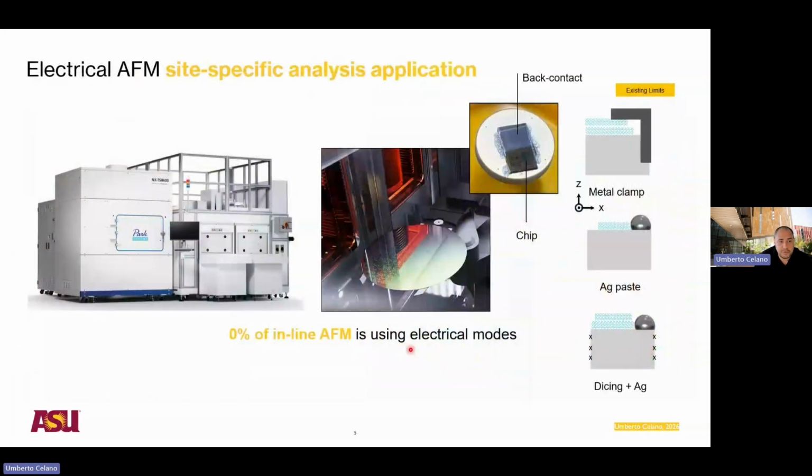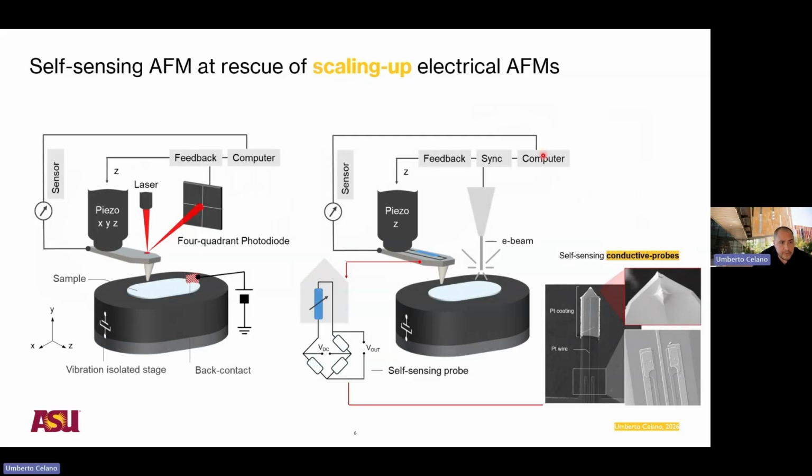So the question that we started investigating a few years ago is how do we solve this, and how can we eventually get rid of back contact all at once? It turns out that the self-sensing concept of AFM is, in my opinion, a good solution for fixing this problem.